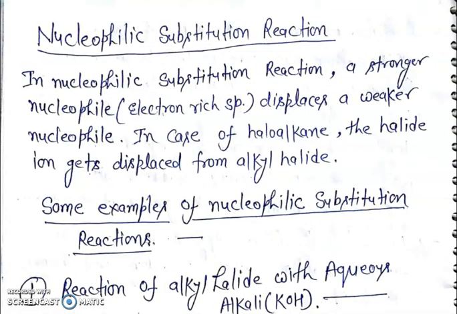Nucleophilic substitution reaction. In nucleophilic substitution reaction, a stronger nucleophile, that is electron-rich species, displaces a weaker nucleophile. In case of haloalkane, the halide ion gets displaced from alkyl halide. Some examples of nucleophilic substitution reaction.